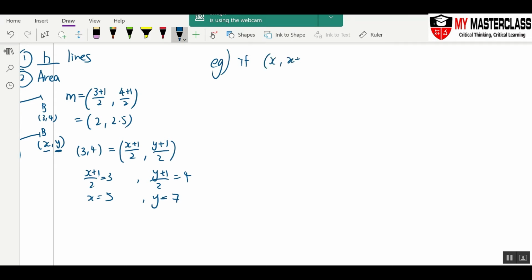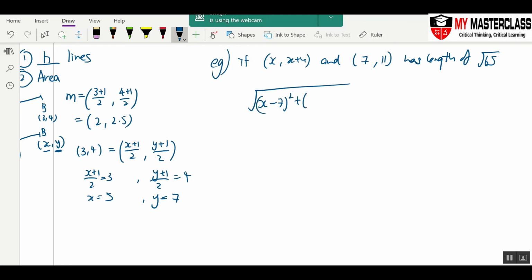if (x, x plus 4) and (7, 11) have a length of square root 65, this is how you present it: (x minus 7) bracket squared plus (x plus 4 minus 11) bracket squared equals square root 65.